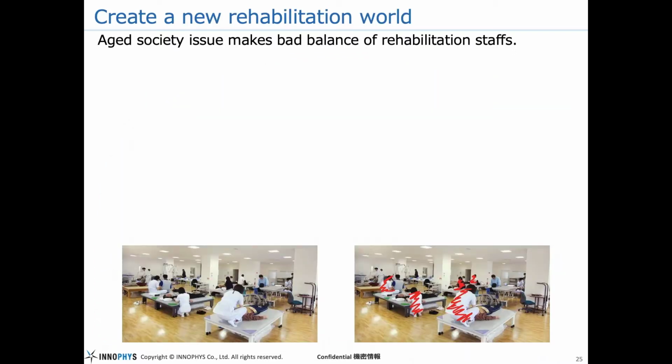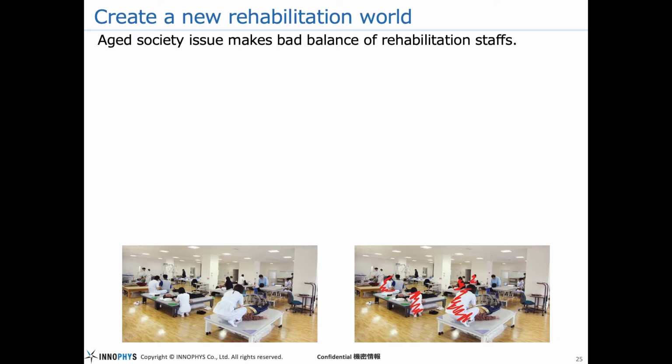And also, we would like to create a new rehabilitation ward. In Japan, there is a mismatch between those who need rehabilitation and those who provide rehabilitation. The upside one is the population pyramid in Japan. It used to be a pyramid, but right now the Japanese population is more like a reverse pyramid structure.